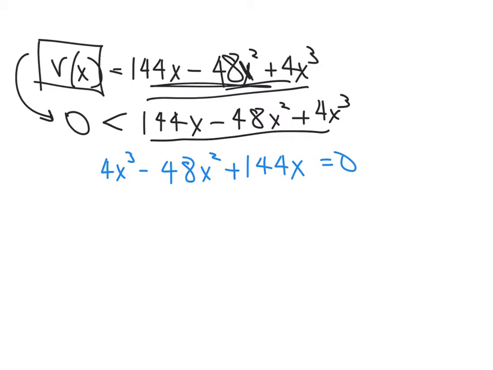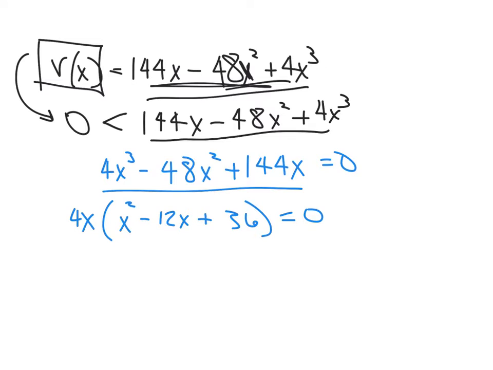Alright, so I'm going to look at this and factor out what I can. Actually, I wrote that wrong. 4x, and I have x squared minus 12x plus, taking a 4 out of 144, 36. And I just keep factoring away because it said solve it.